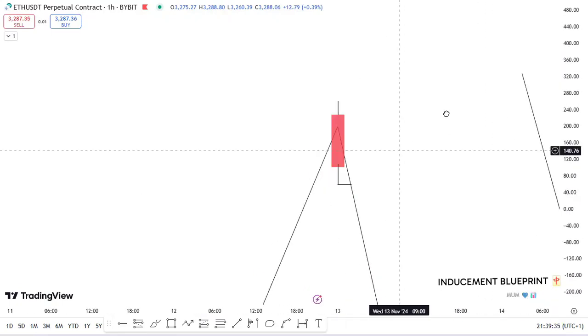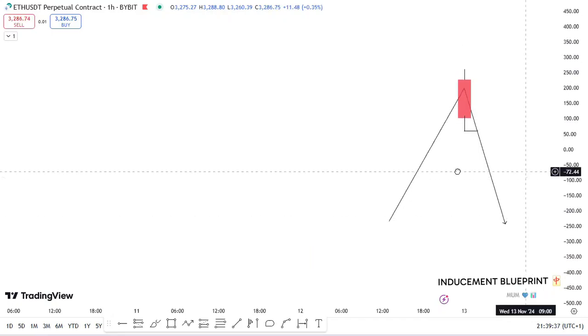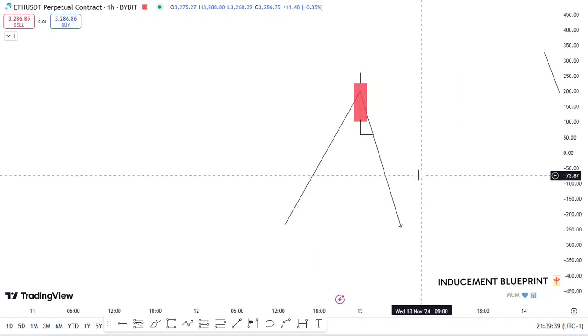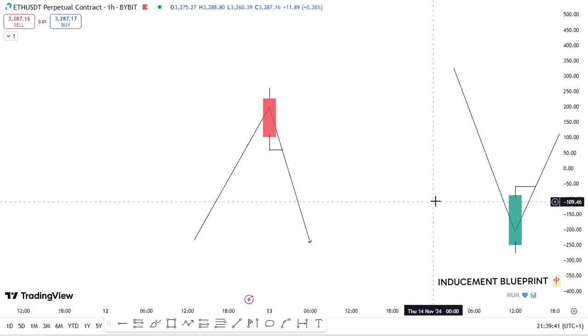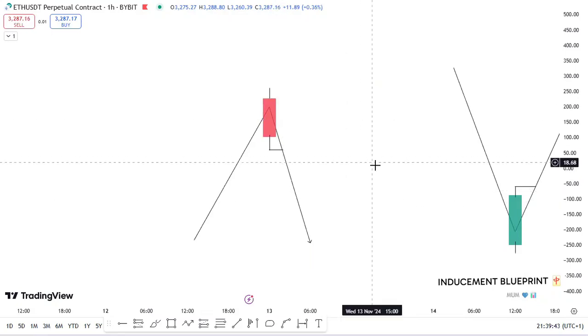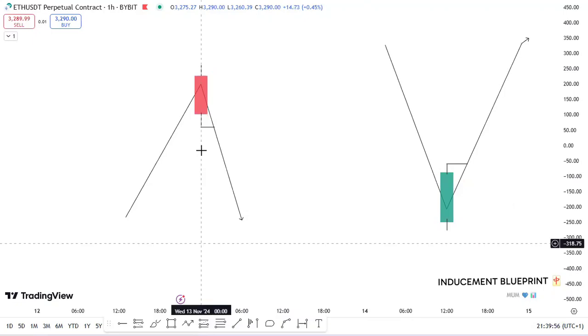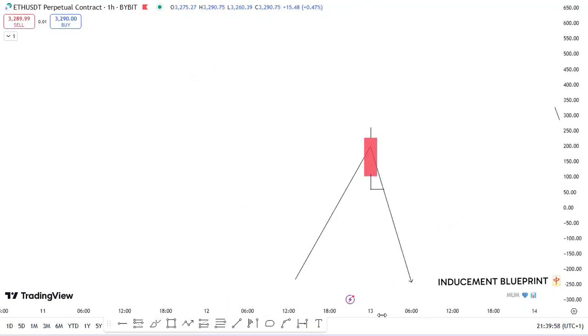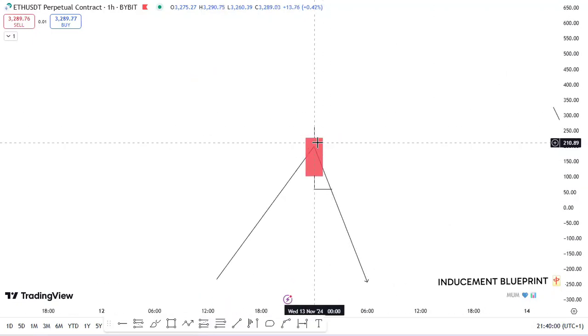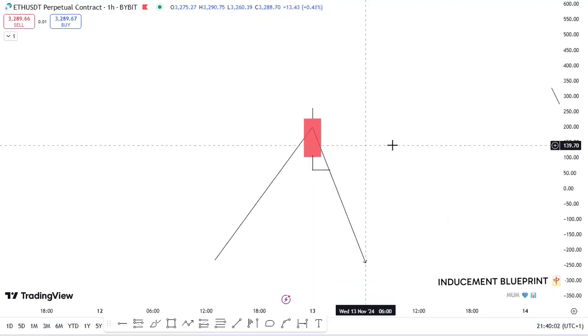So as I was saying, for us to know that a pullback is not valid, it's very simple. Since we already know that for a bullish or bearish pullback, either the highest candle's low or the lowest candle's high will be broken or taken out, an invalid bullish pullback means this highest candle's low will be secured. Are you guys getting me?